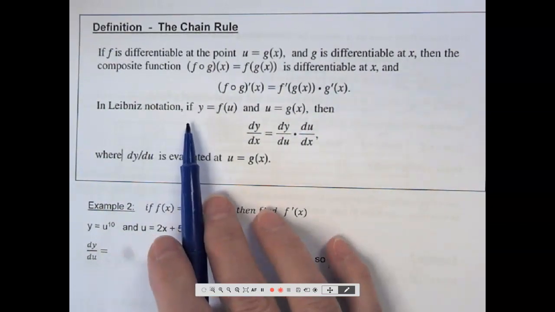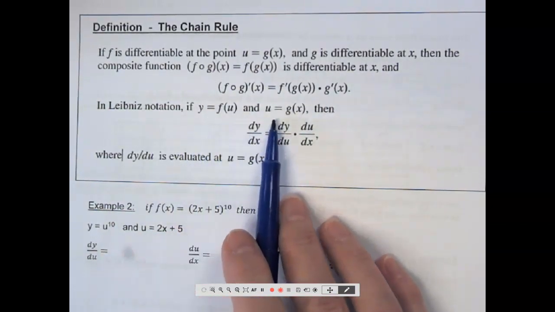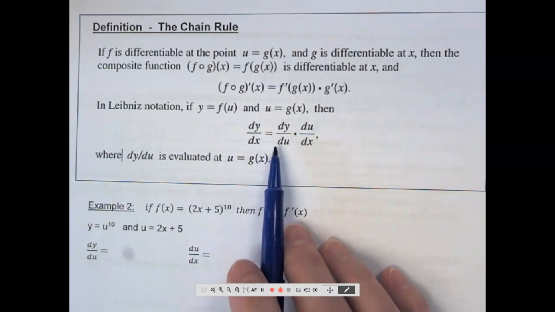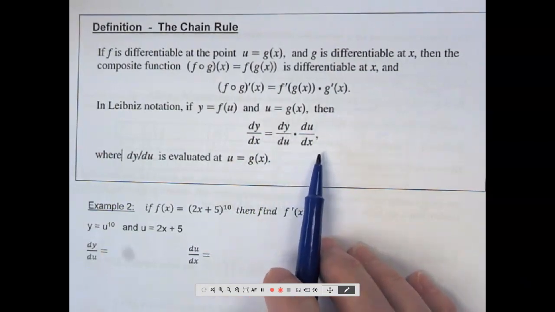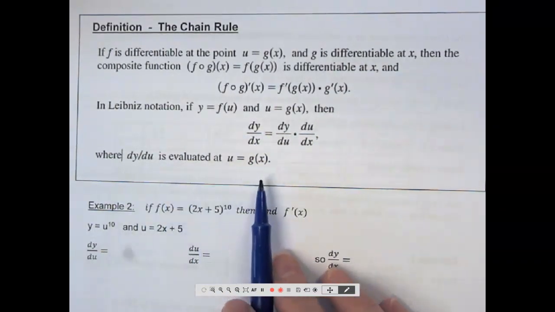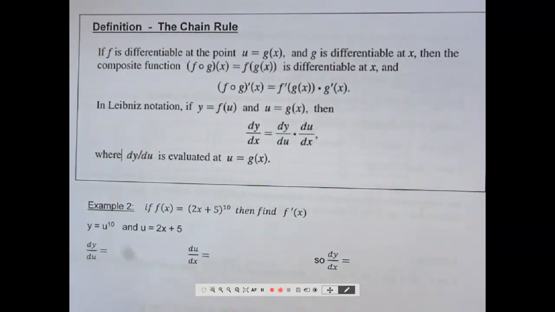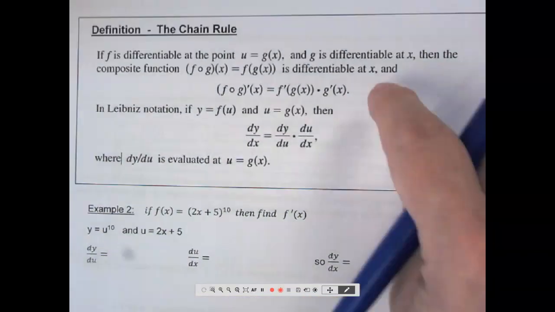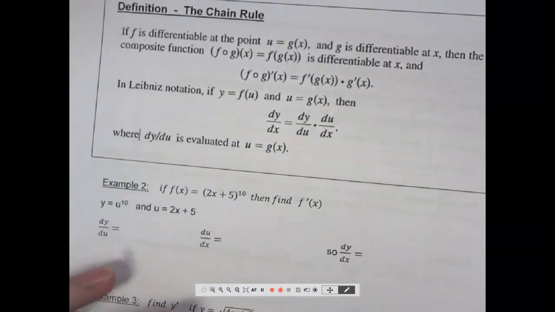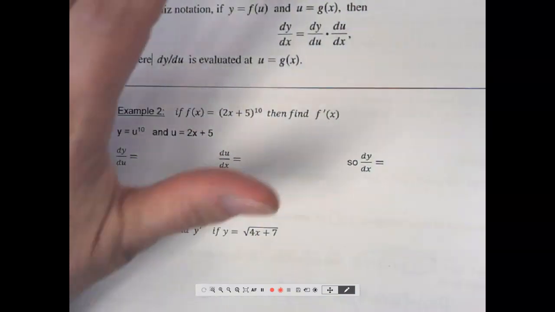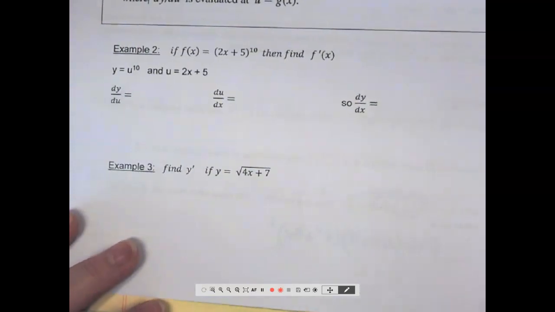In Leibniz notation, if y equals f of u and u is g of x, then dy/dx is dy/du times du/dx, where dy/du is evaluated at u equals g of x. We'll come back to that in a minute, okay? All right, let's work through some more examples, and then hopefully that will make a little more sense.